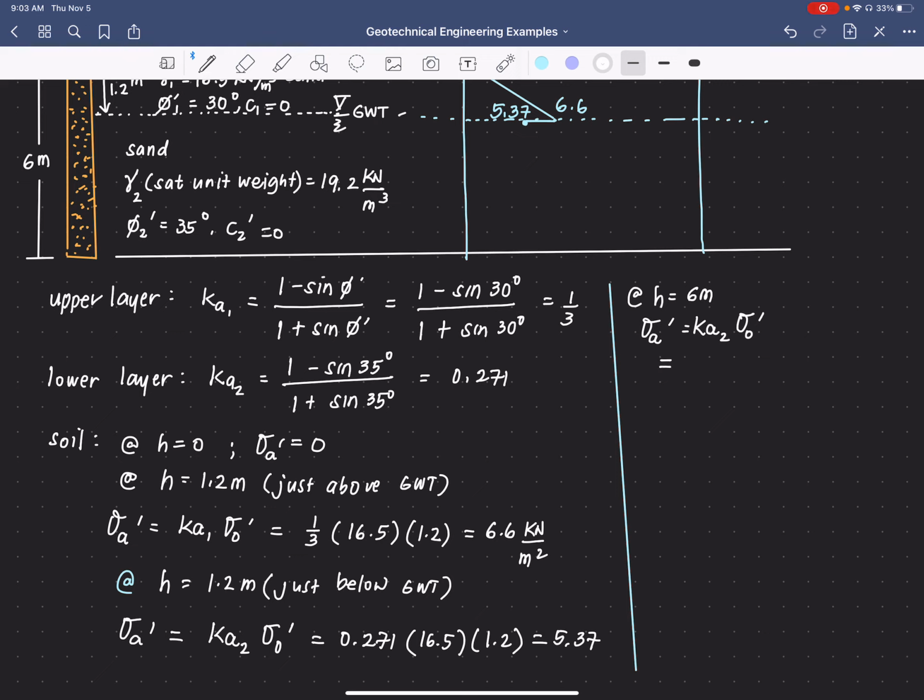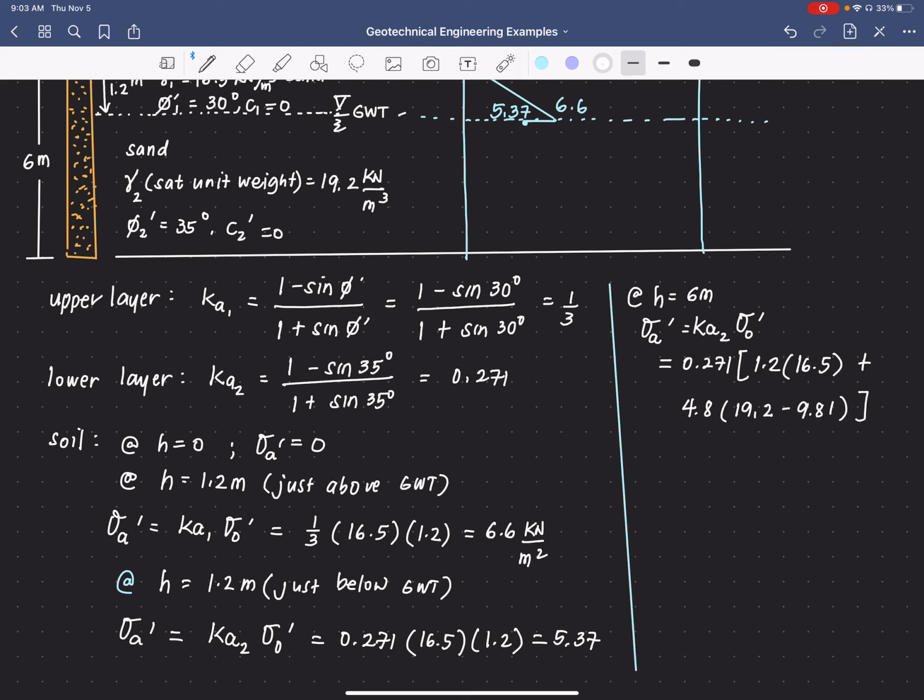And that would be equal to our K sub A2 of 0.271 multiplied by, okay, from the top we have 1.2 multiplied by 16.5 plus, we have 6 minus 1.2, that will be 4.8 multiplied by our submerged unit weight, and we have saturated unit weight of 19.2, and we need submerged, so we have to subtract the unit weight of water, right?